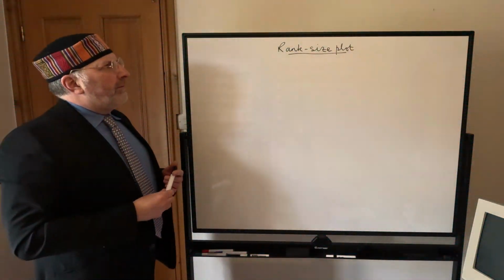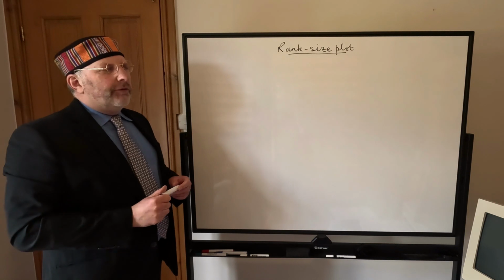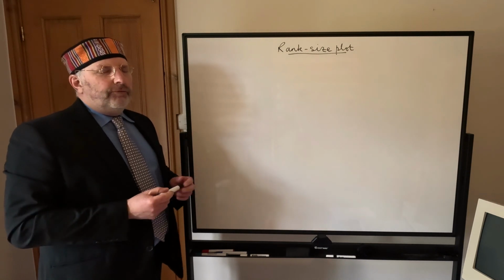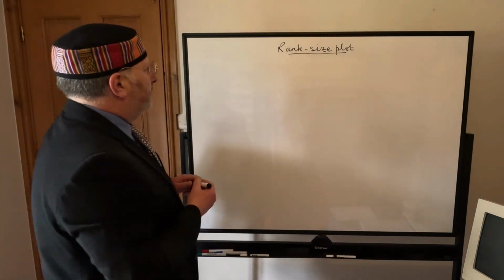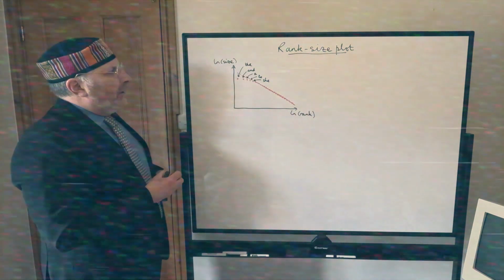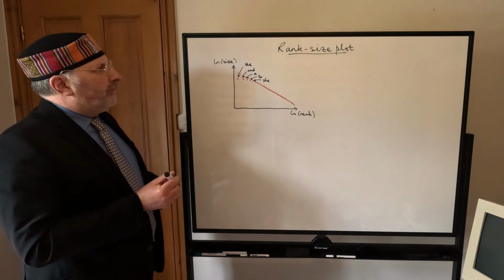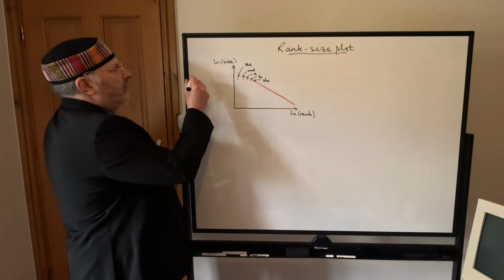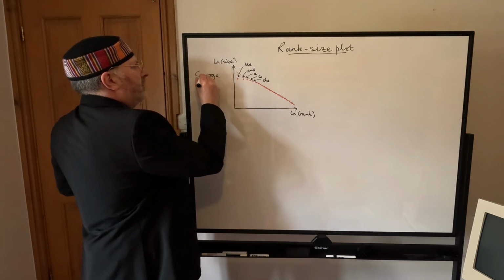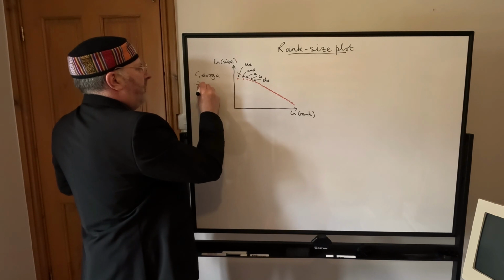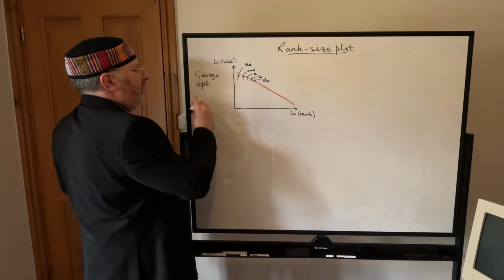Okay, we're now going to look at something called the rank size plot, which is a very useful tool for studying power laws. So let's start with a practical example. Here's an example taken from the work of George Zipf, who is a Harvard University linguist.